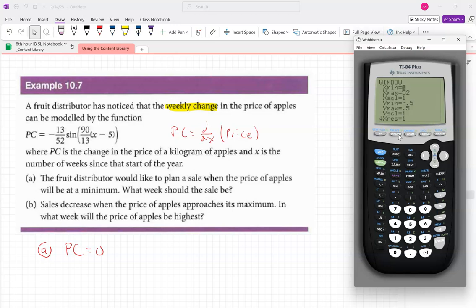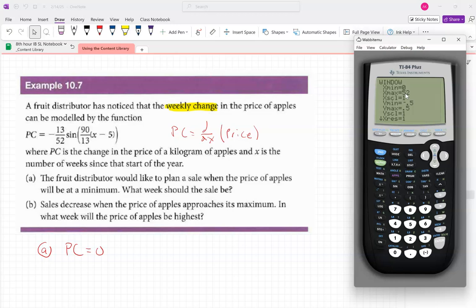So again, x is the number of weeks, so I'm going to set that from 0 to 52. Why 52? There's 52 weeks in a year. And then the y is going to be the price change per kilogram of apples.